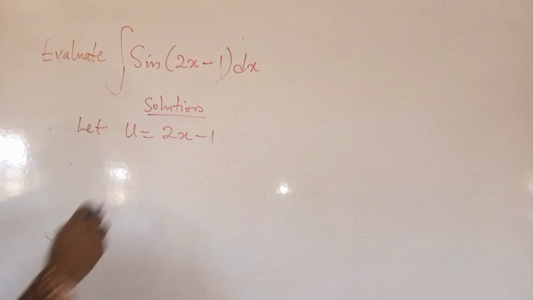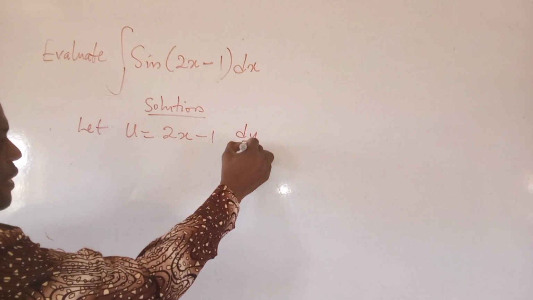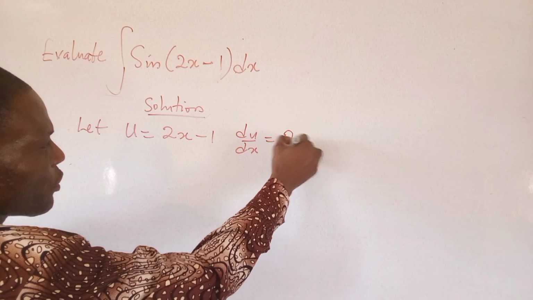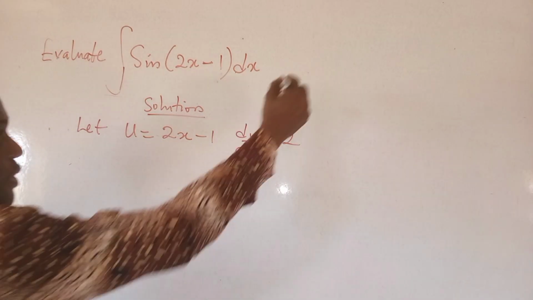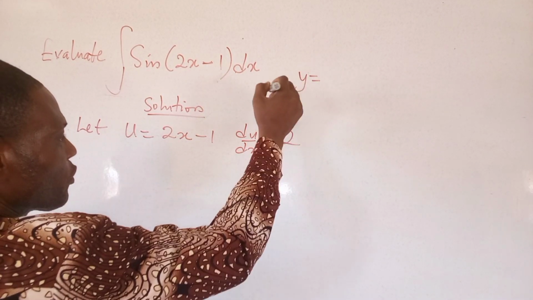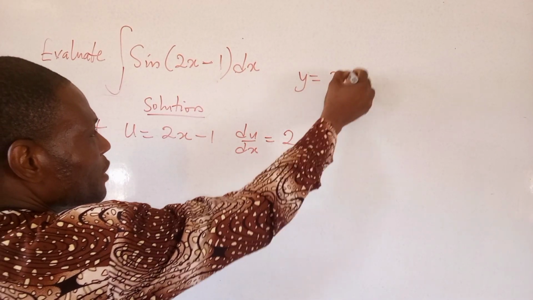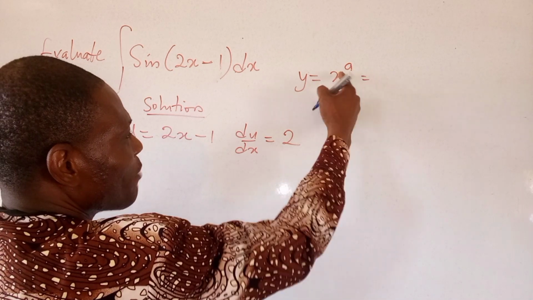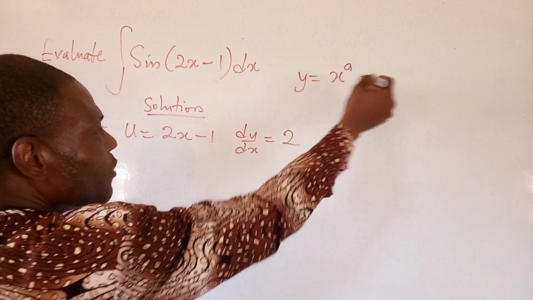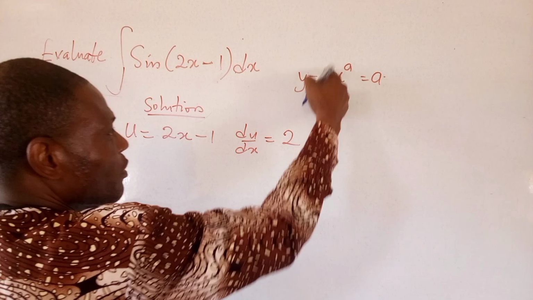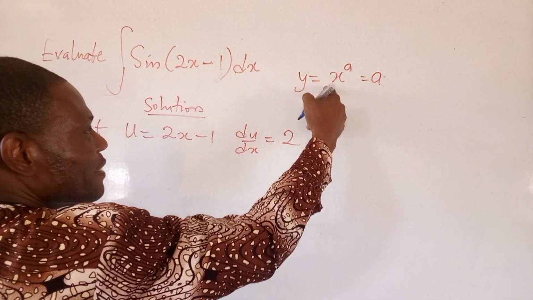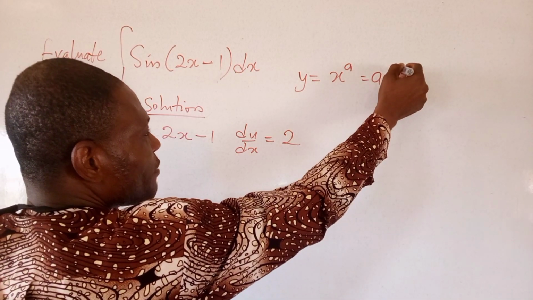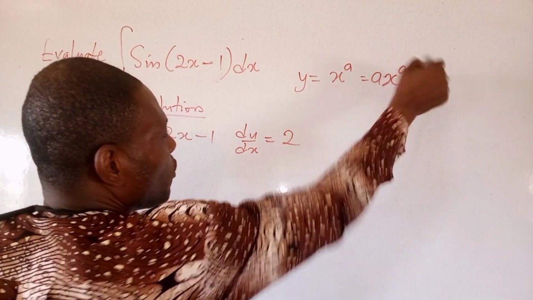And differentiating this, we're going to have du over dx equals just 2, because if I have y equals x raised to power a, I'm going to multiply the power with the coefficient of x, which will give me a x raised to power a minus 1.